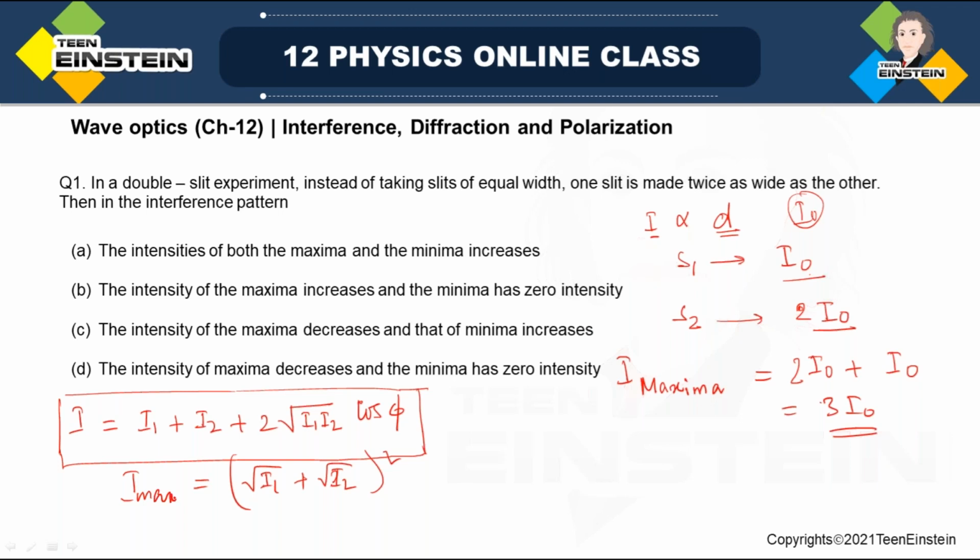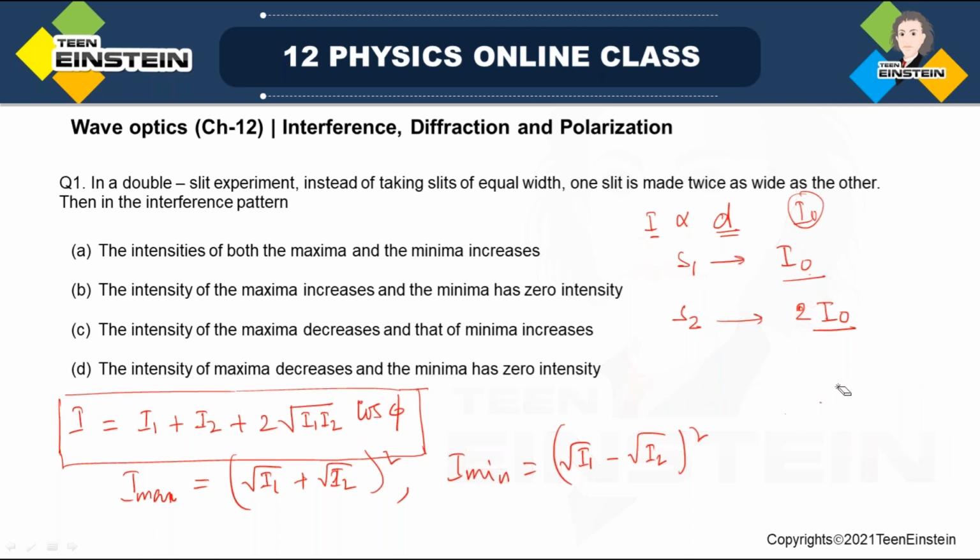And the minimum is when the cos phi part is -1. So this is the general formula for the intensity of maxima and minima.